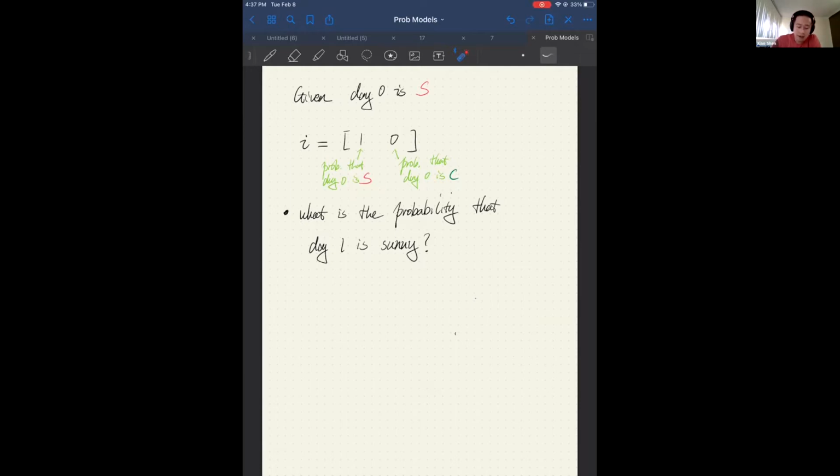And then the I here just stands for initial condition. This is what the letter I means. And then it's 1 and 0. It just means the probability that day 0 is sunny is going to be 1, because that's something we assume, right? We assume day 0 is sunny. And then the second entry here just means the probability that day 0 is cloudy. This will be 0. Again, it just comes from our assumption.